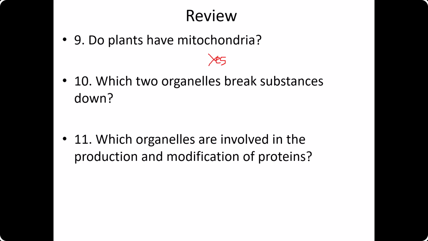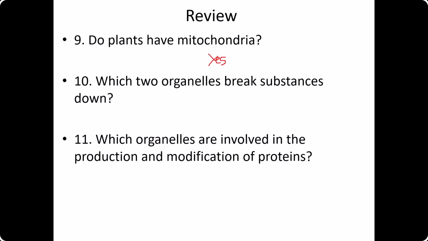And then proteins can leave the rough endoplasmic reticulum, and those proteins are going to be carried in a vesicle to the Golgi body, and then they'll be modified and packaged there, and then they'll leave the Golgi body in a vesicle as well. So organelles involved in production and modification of proteins, we've got nucleus, ribosome, rough ER, vesicles, and Golgi body or Golgi apparatus.